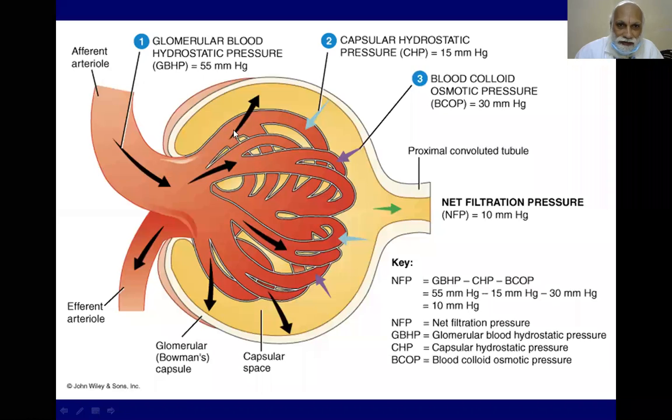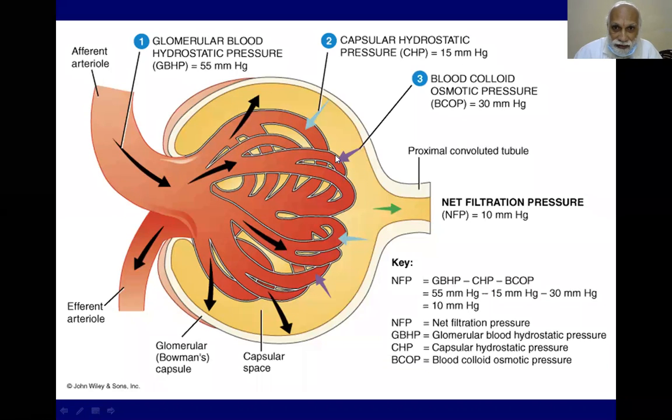That is the driving force. The black arrow is the driving force into the capsular space. Capsular hydrostatic pressure is about 15, and that is opposing this force. In the calculation we did, 55 minus 15 came to 40.